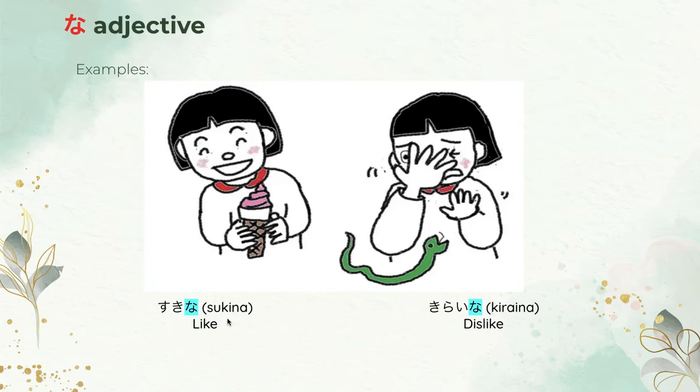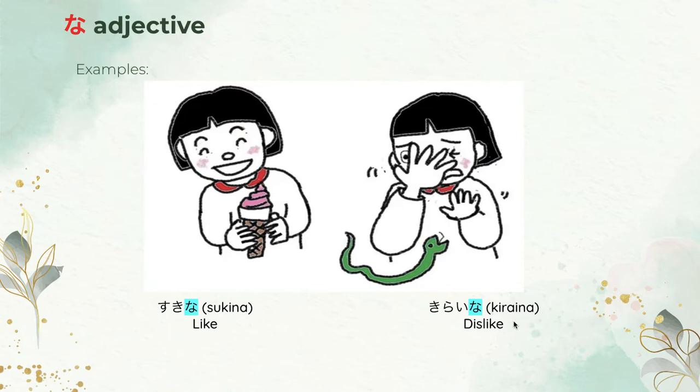So we know that this is ice cream, so obviously that is food. If I wanted to say favorite food or food that I like, it will be 好きな食べ物.